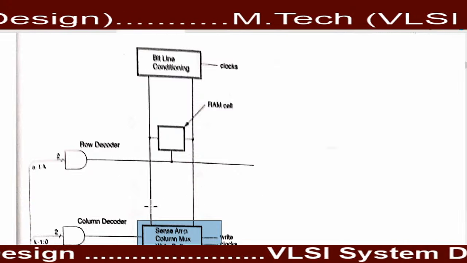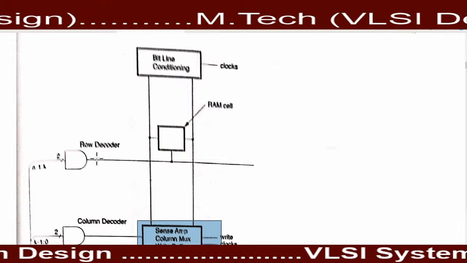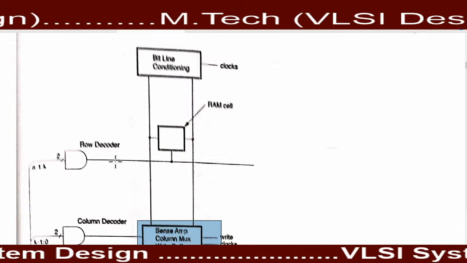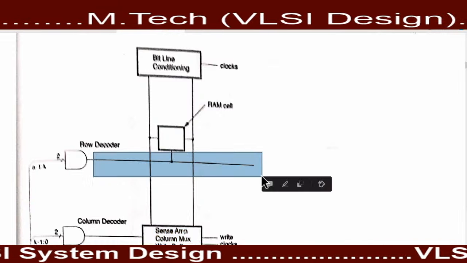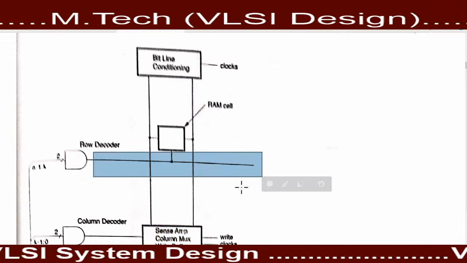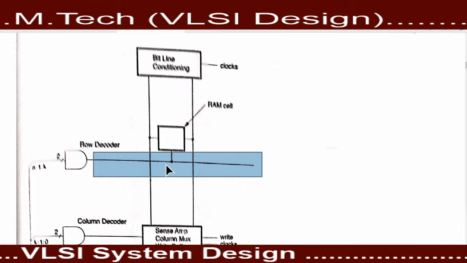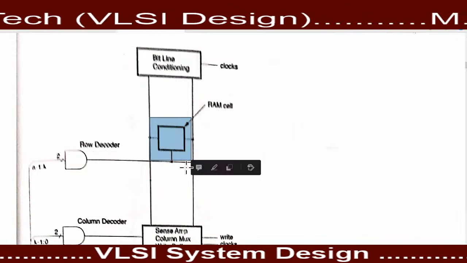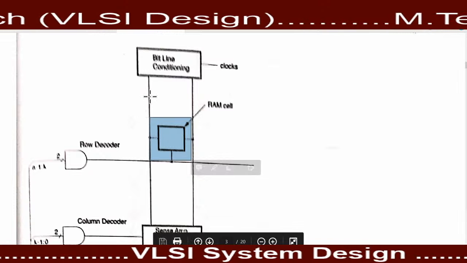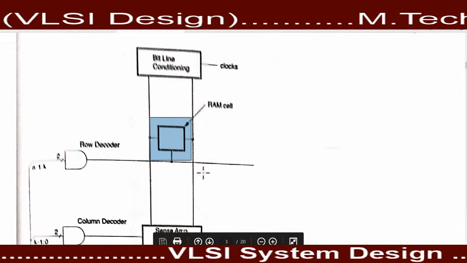And this horizontal line is responsible for providing the word. This horizontal line is used to control this memory cell, and this bit line is used to access the data.